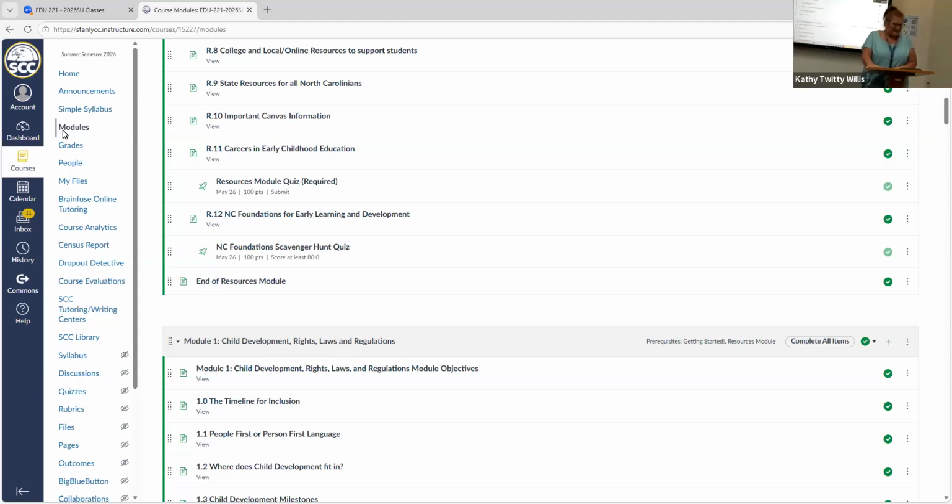When you look at NACCE, they have an amazing joint position statement with the North Carolina Early Childhood Inclusion. So if you go to page 26 in your book, their position statement says this: early childhood inclusion embodies values, policies, and practices that support the right of every infant and young child and his or her family, regardless of ability, to participate in a broad range of activities and contexts as full members of families, communities, and society.